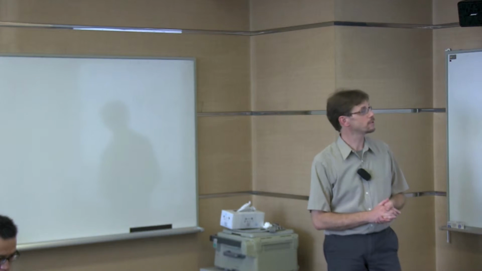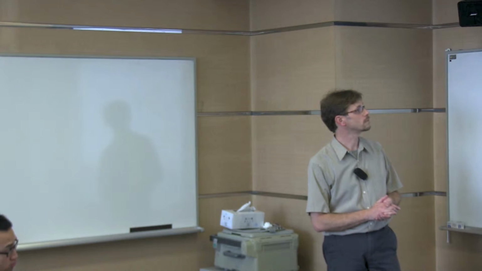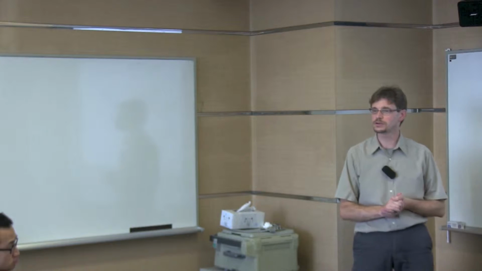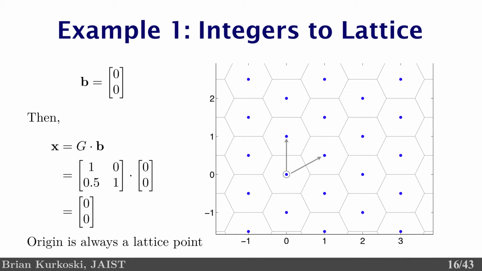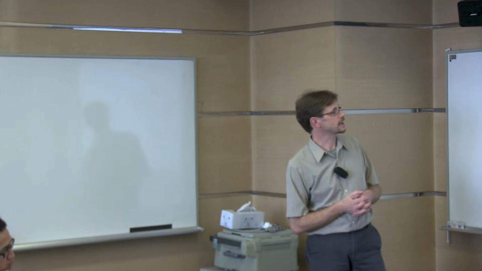Okay, so here's an example. If we take B equal to the integer vector 0, 0, then x is equal to G times B. Well, 0 times anything will be 0, and we get that 0 is a lattice point. So we always have the case that 0 is a lattice point. Here's a second example.